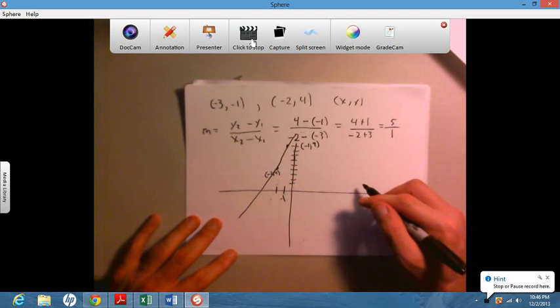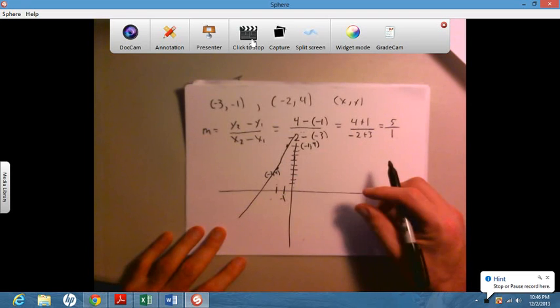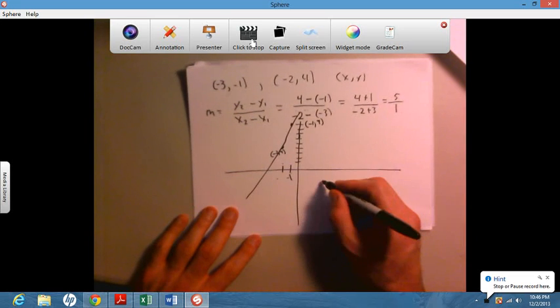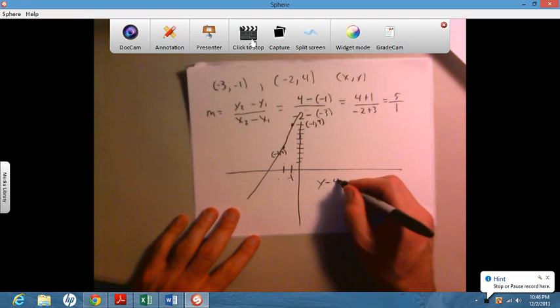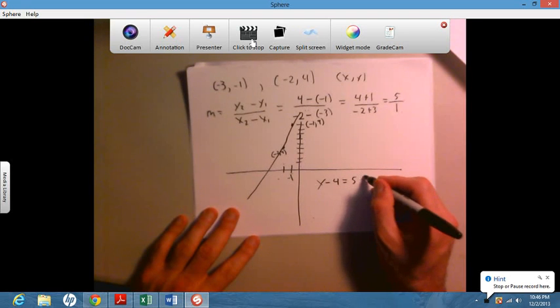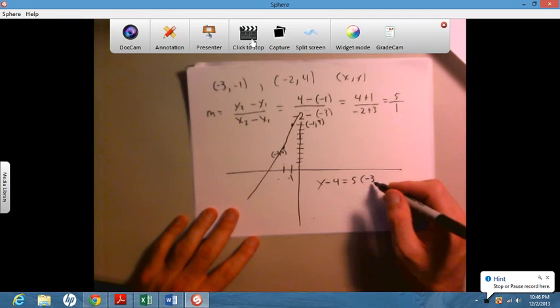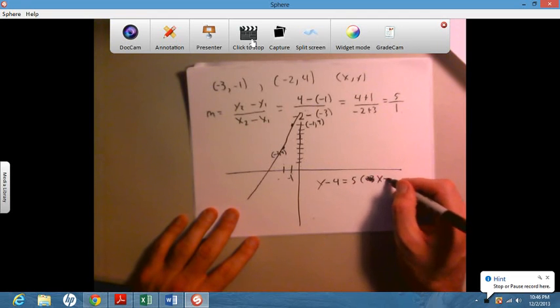So if we wanted to find the equation for the line, of course, we can use the point-slope form and say y minus y2, which is 4, is equal to my slope, which is 5, or 5 over 1, times x minus x2, which is -3.